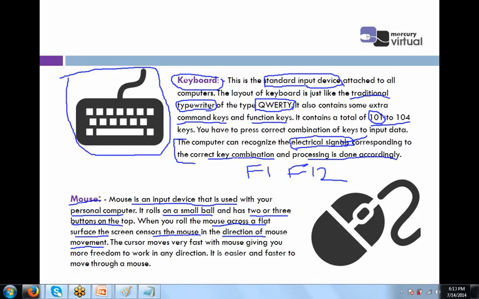The cursor moves very fast with the mouse, giving you more freedom to work in any direction. It is easier and faster to move through a mouse, a very efficient and better manner of working. But there are different categories of mouse also, and I will tell you about them within 2-3 days.